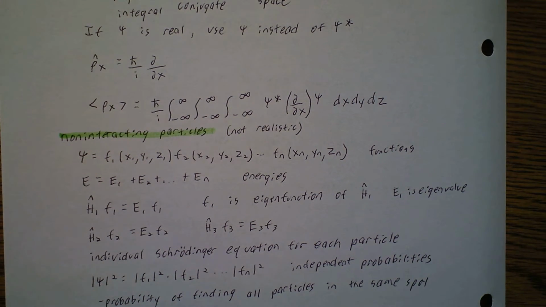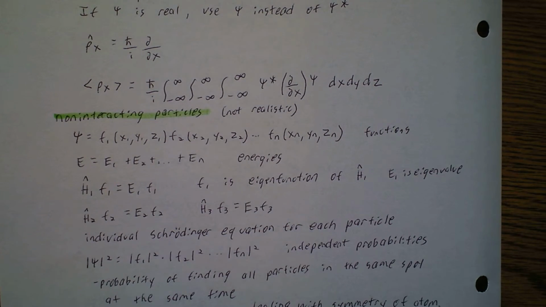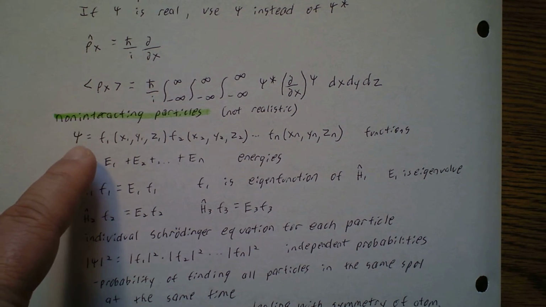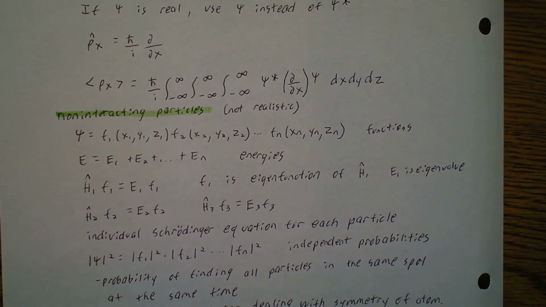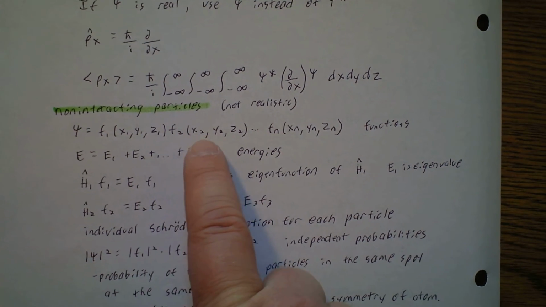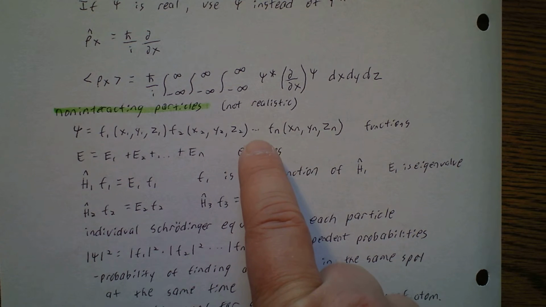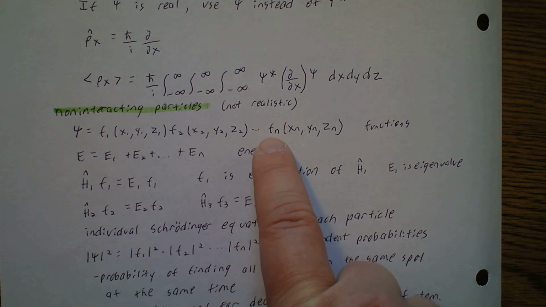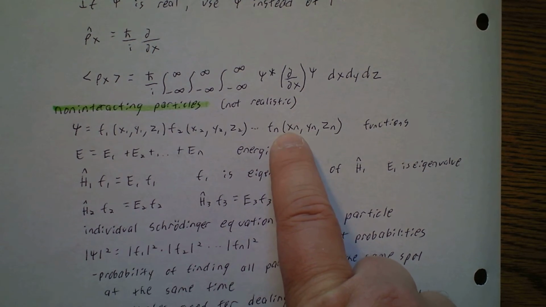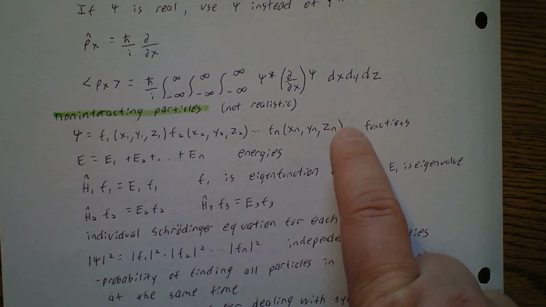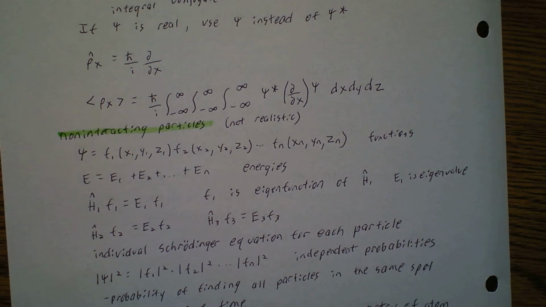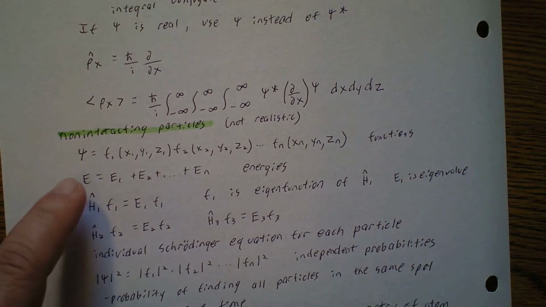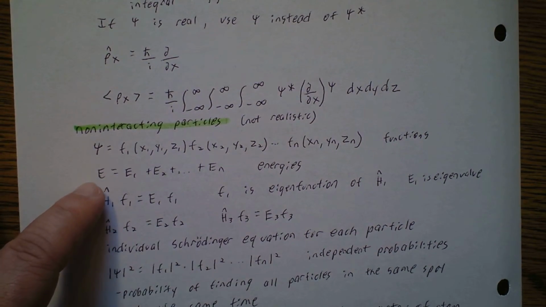Now let's talk about non-interacting particles, which is not realistic, but you know, we've got to start with a model somewhere. So we get psi is equal to f1 of x1, y1, z1 times function 2 of x2, y2, z2, etc., all the way to function n of the x position of particle n, y position of particle n, z position of particle n. So these are different functions, f1, f2, f3, etc. Now the averages or the energies are scalars, right?